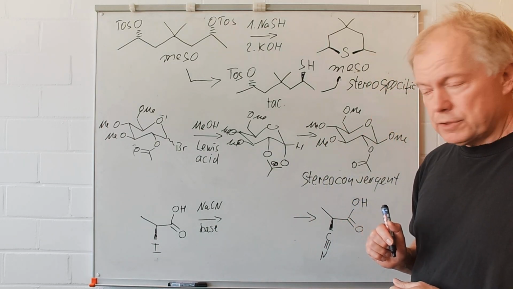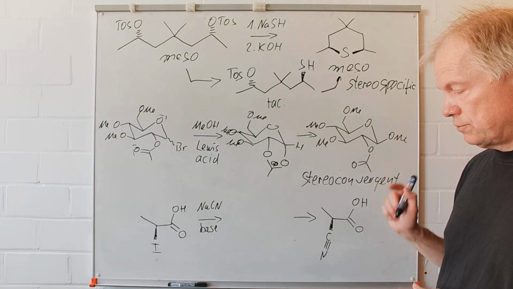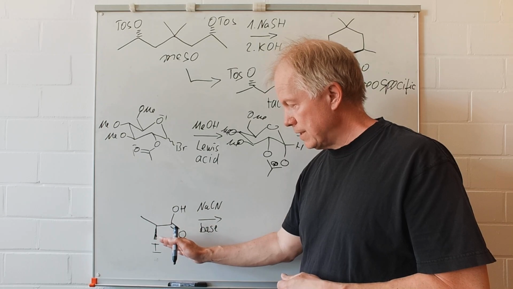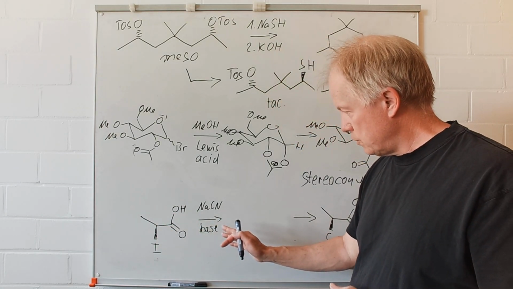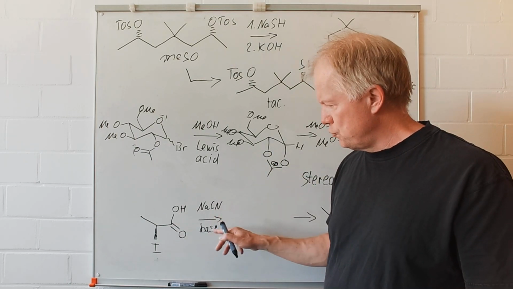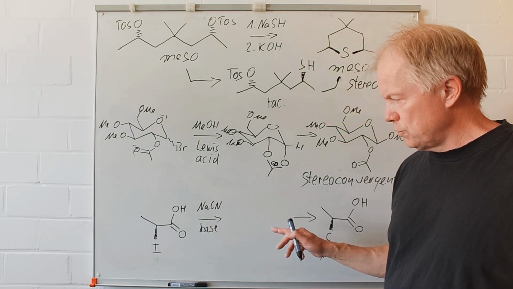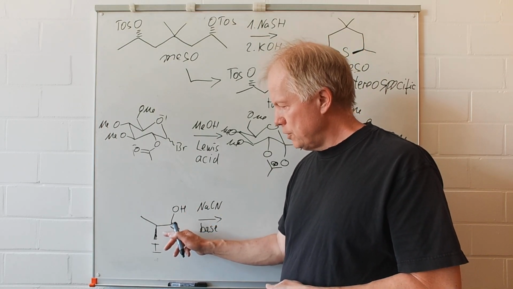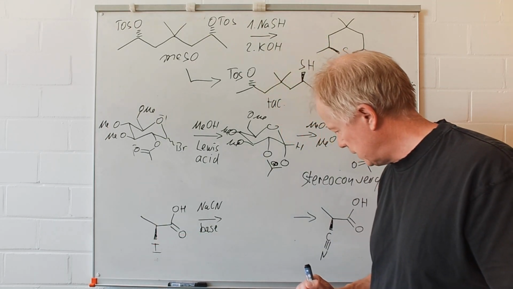Let's talk about the third example. This is also rather interesting. We start with one enantiomer of this iodide, and although on the first glimpse we would think SN2 process with cyanide as the nucleophile should give an inversion of stereochemistry at the reactive center.